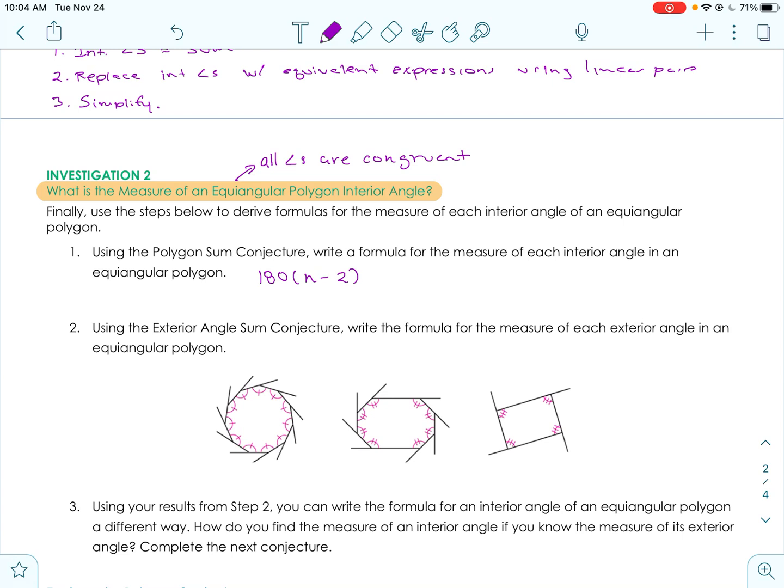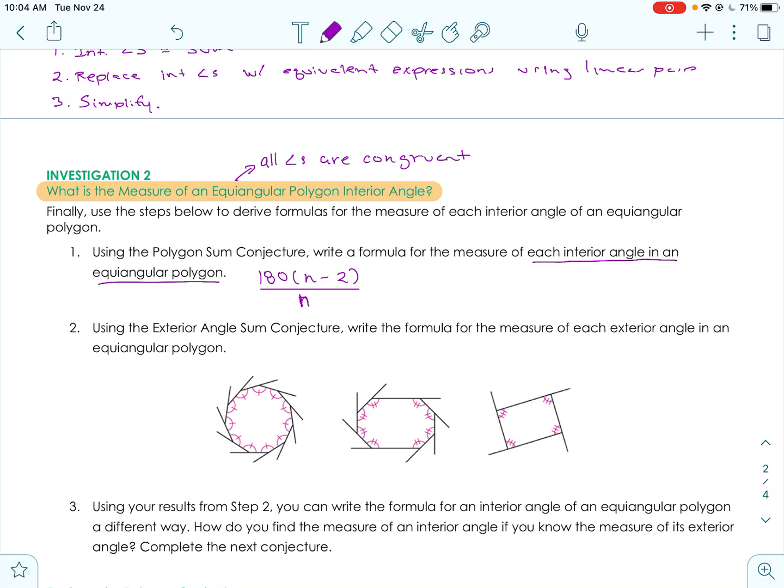Now, we want to write a formula for the measure of each interior angle in an equiangular polygon. If we want to know what the measure of each angle is, we would take the sum, and since all the angles are congruent in an equiangular polygon, we would divide that by n, the number of angles there are.